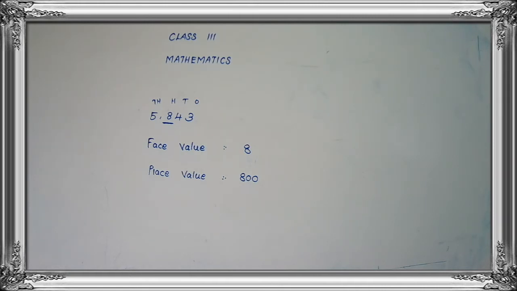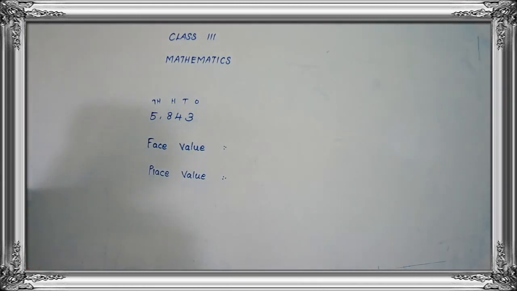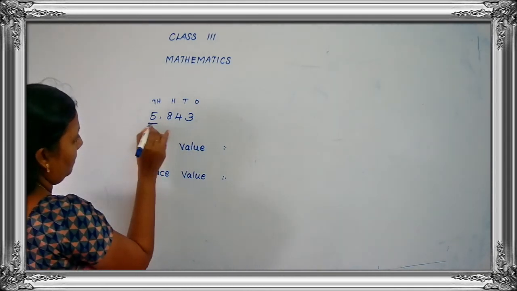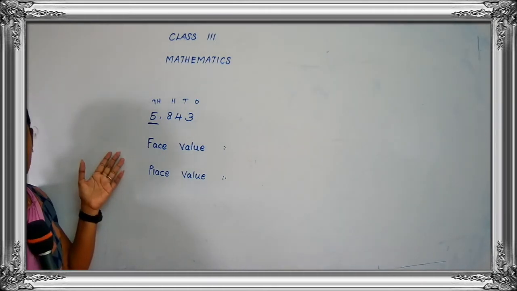Now the underlined digit is 5, so what will come? 5. Okay. The face value. First we want to find the face value.